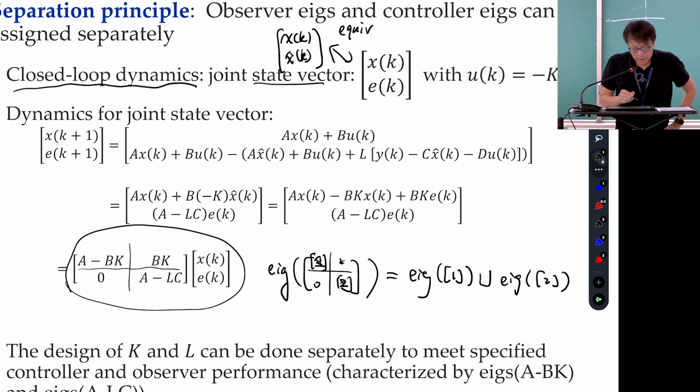What it tells us is that if the control gain is selected to be stable, and the observer is selected such that the observer is stable, then the overall system is automatically stable, in the sense that x will converge to 0 and the error will converge to 0. You see what I mean?